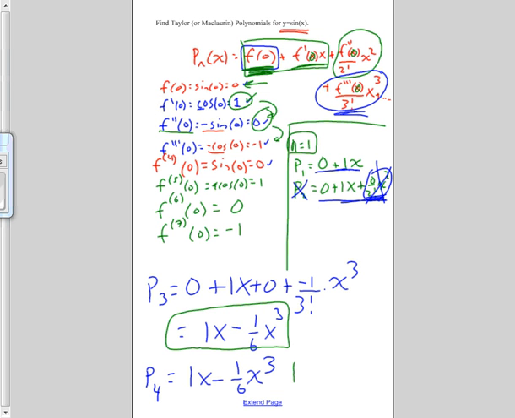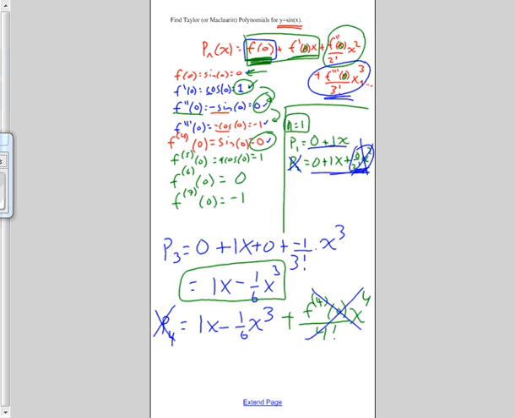And then we're going to add to that f fourth prime of 0 over 4 factorial times x to the fourth. But we know that f4 of 0 is just 0. So this whole thing is just 0. So we don't add a term, so P4 doesn't really exist.